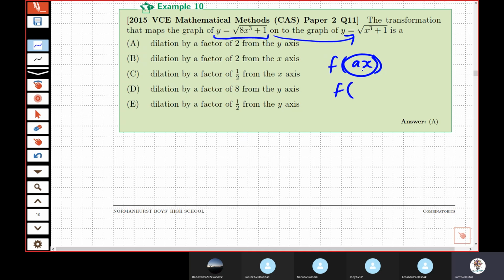Well, it should have been f of half x. Because what's a half cubed? What is a half when I sub it in? 1 over 8. And then the 8 and the 8 would cancel out, and then you're left with x cubed plus 1. Do you get that? Yeah?